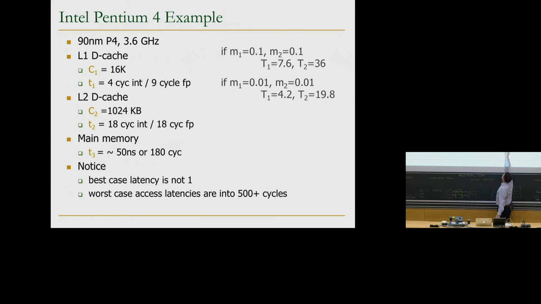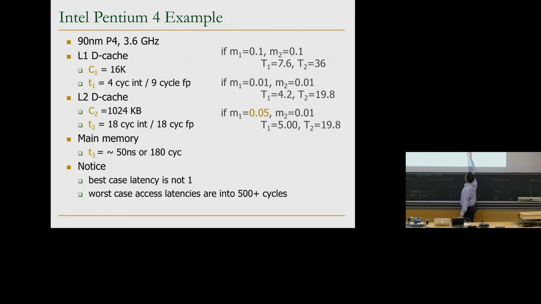If you can reduce the miss probability to 1%, all of a sudden you're almost twice as fast at the first level of cache. And at the second level, with 1%, we are almost twice as fast when seen from the outside world. If you say, I am not as fast here, but I am better here, you can come up with different compromises.